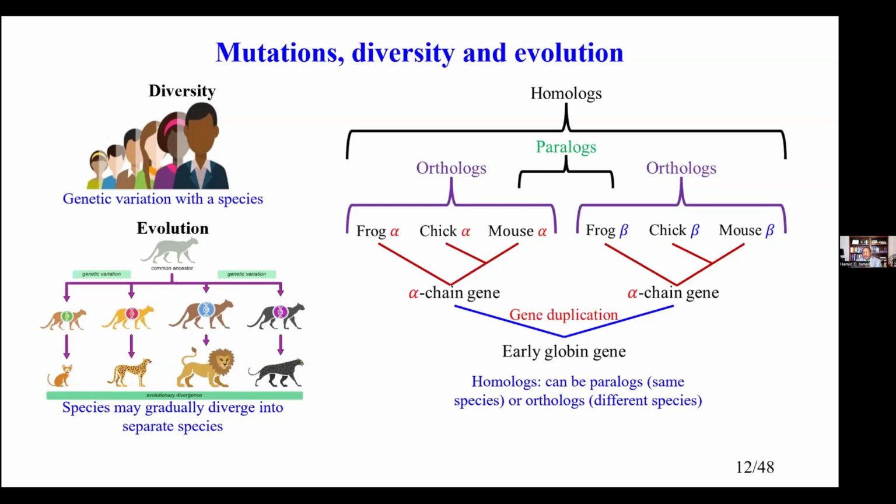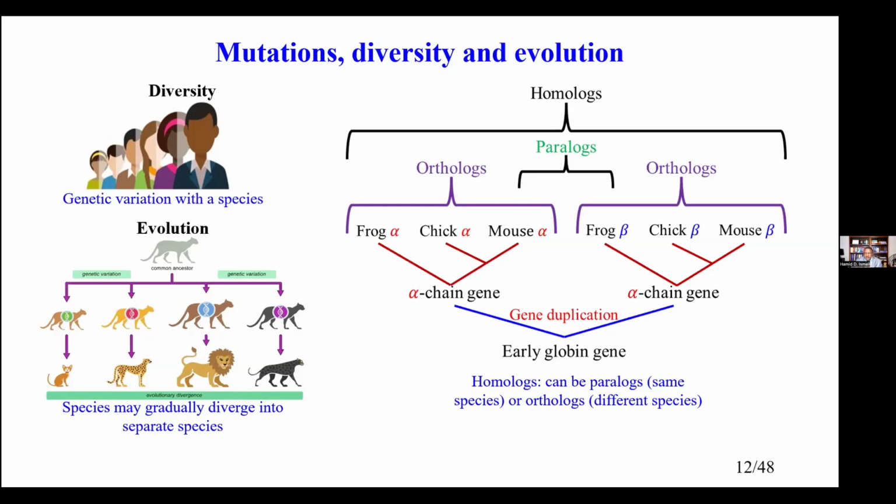That means most things diverged from a common ancestor. And when they diverged from a common ancestor, you always have to think about genes, because genes lead to the phenotype, the genotype, and changes in biological activities and shape; everything is controlled by genes.